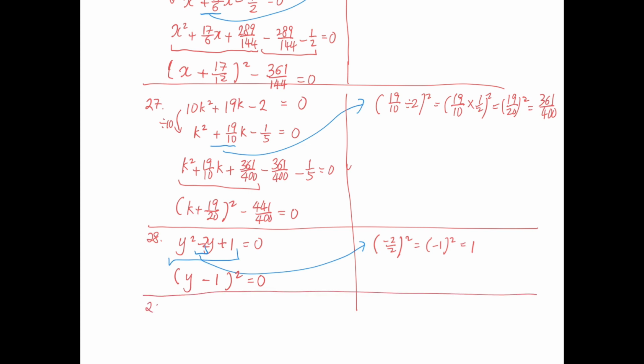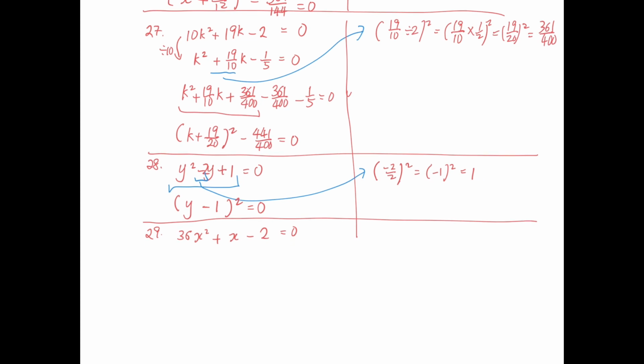And now 29. So 29, we have 36x squared plus x minus 2 equal to 0. So again, we have to divide by 36 to get rid of the coefficient. This one divided by 36 becomes 1 over 36, and minus 2 divided by 36 becomes minus 1 over 18.